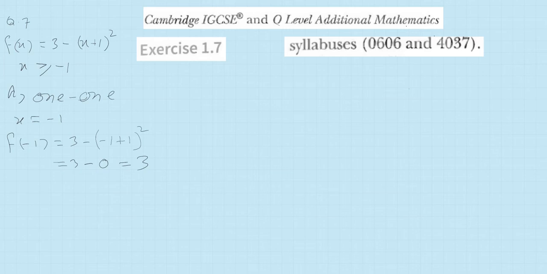So when we put x as −1, we get y as 3. It means for one input there is one output.